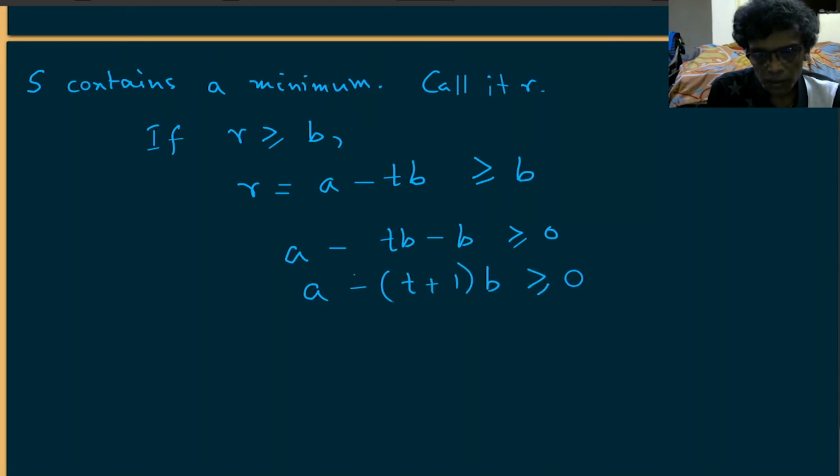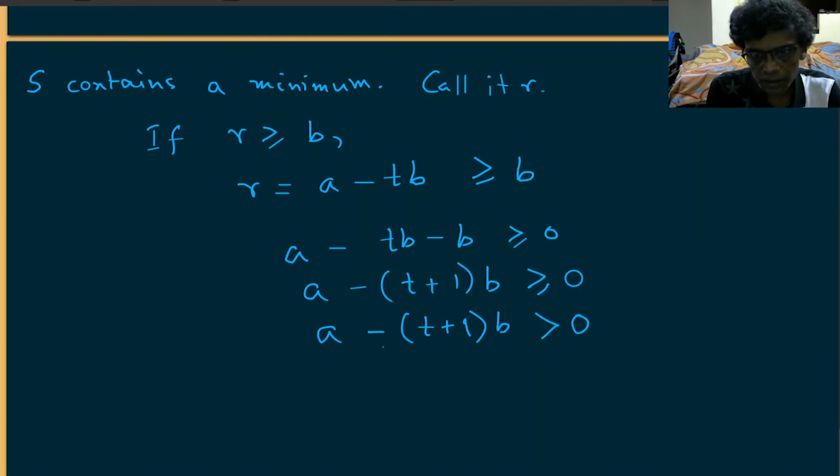But since B does not divide A, A minus (T plus 1) B cannot be equal to 0, so it is greater than 0.